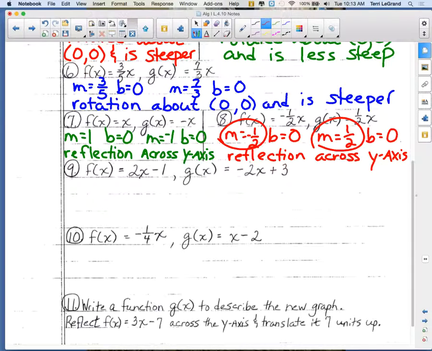Do you have an x on your graph? Yeah, kind of a spread out X, because is the slope very steep? No. But are they both rising and running the same amount, just one of them in the negative direction, the other in the positive? So the only thing that happened is the reflection.